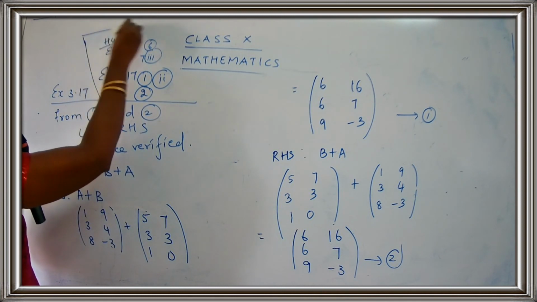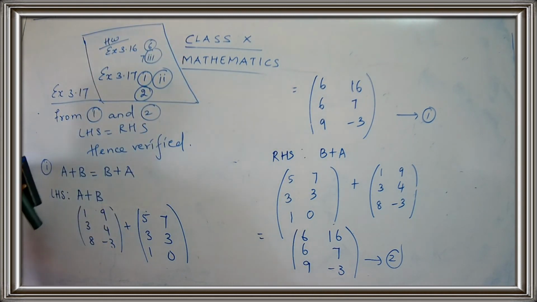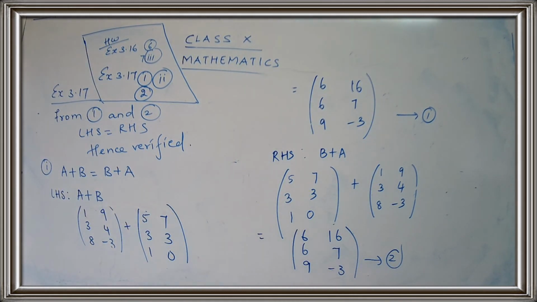Very easy sums. You have to complete 4 sums as your homework: from 3.16, question number 6, and question 7, the third subpart, and from exercise 3.17, question number 1, the second subpart, and question number 2.